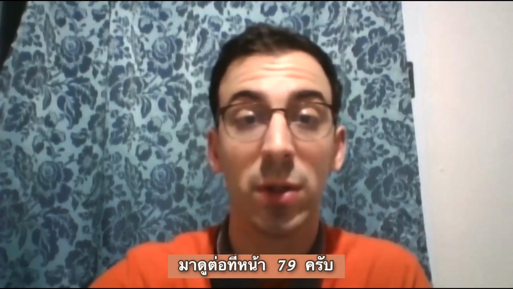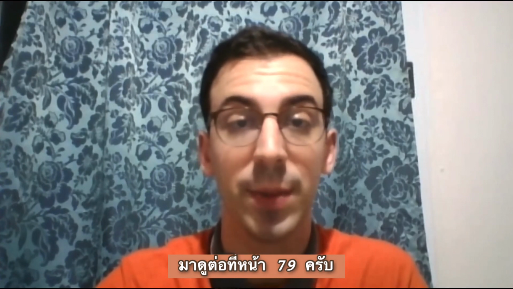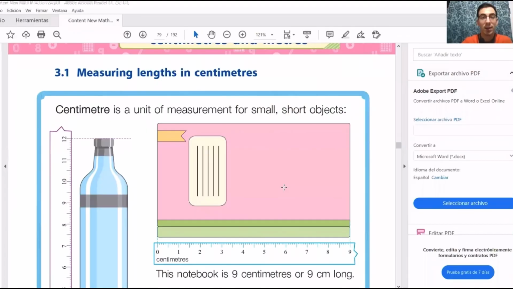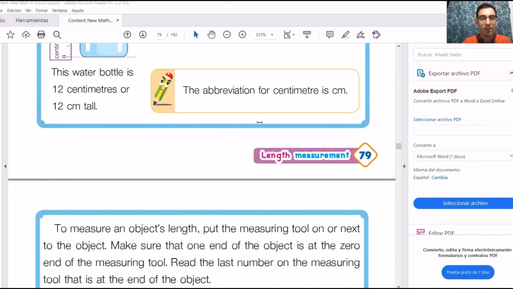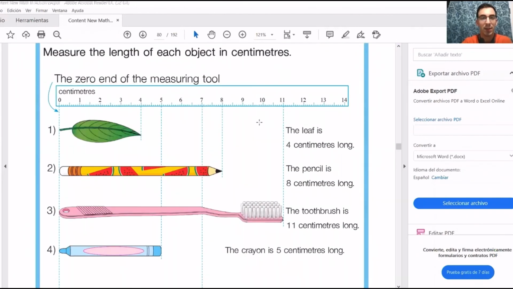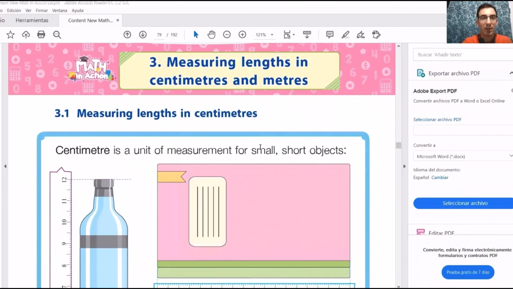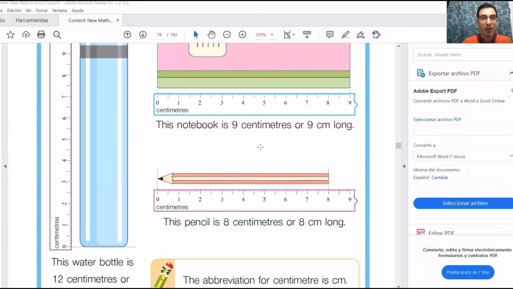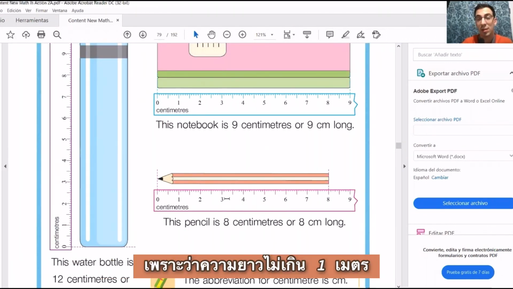Okay, so let's go to page 79 and let's check what I'm talking about. Page number 79, please. Okay, perfect. So here we have measuring length in centimeters. And here the same. This is for the length, as you see. For example, let's check out this pencil. How long is this pencil? Obviously, we have to use centimeters, not meters, because there's no pencil on earth that is longer than 1 meter.